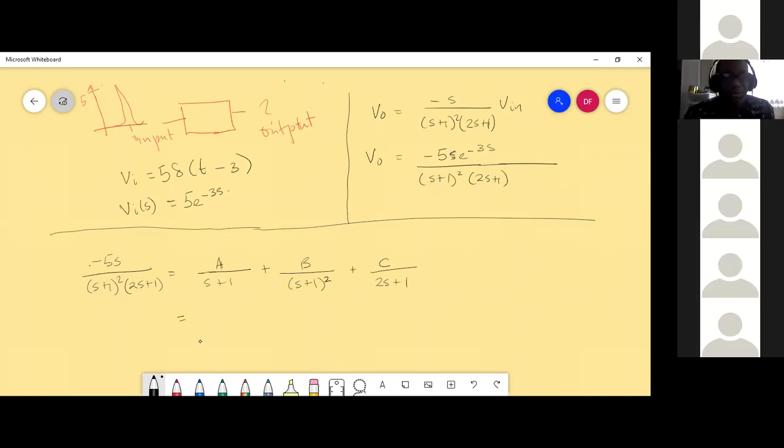So if we combine, that's A(s plus 1)(2s plus 1) plus B(2s plus 1) plus C(s plus 1) squared.